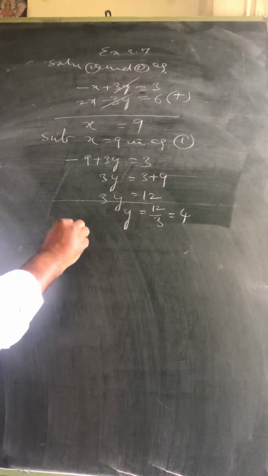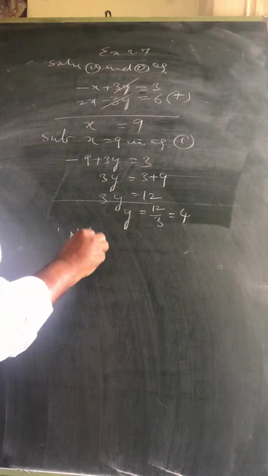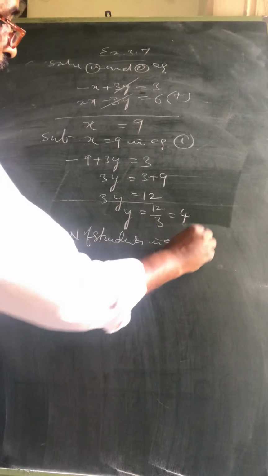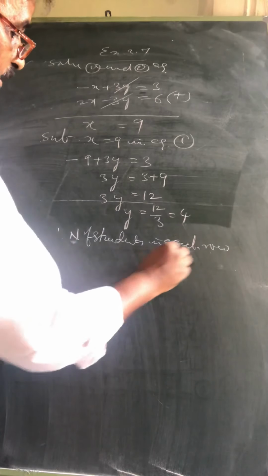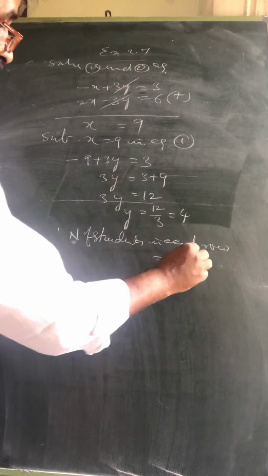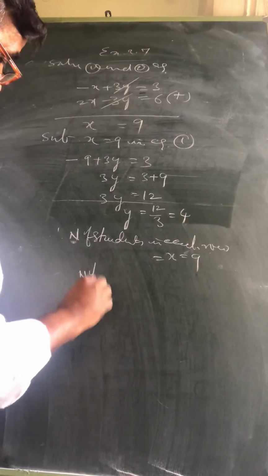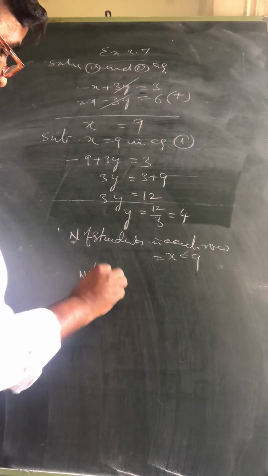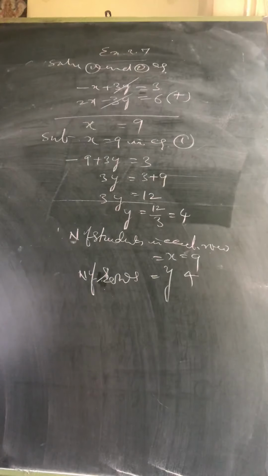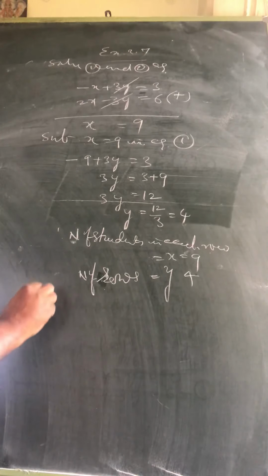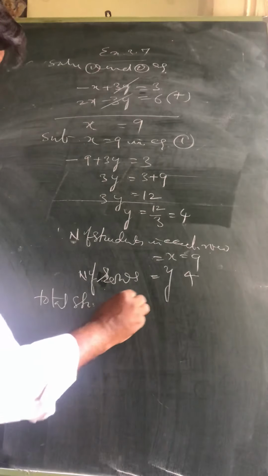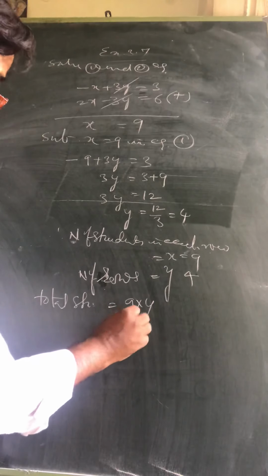So the number of students in each row, that you can take as x, is 9. The number of rows is equal to y, that is 4. Now he is asking to find the total students. Total students is equal to 9 into 4 is equal to 36.